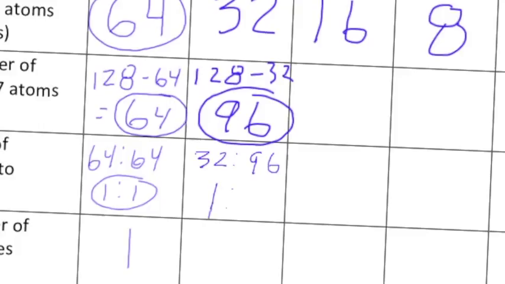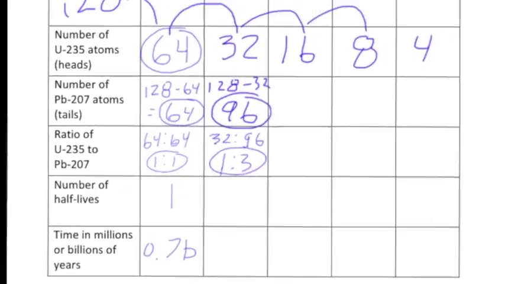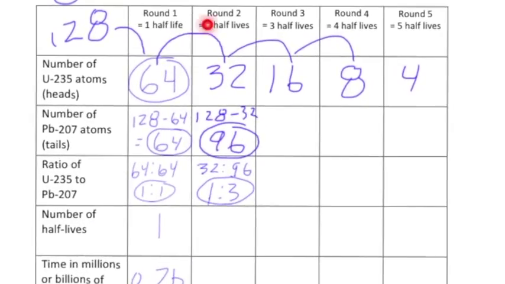So that's going to end up to be a 1-to-3 ratio of uranium to lead. Number of half-lives, well, again, it just says right here 2 half-lives. Time in millions or billions of years is 0.7 times 2, which is 1.4 billion years. Okay, so I filled out most of the chart. Go ahead and see if you can fill out the rest of it here using the same kind of logic.